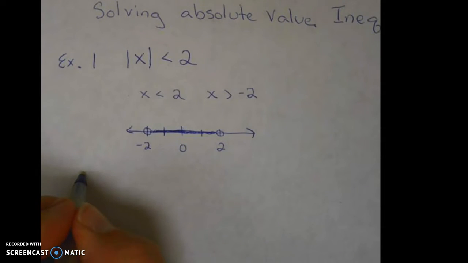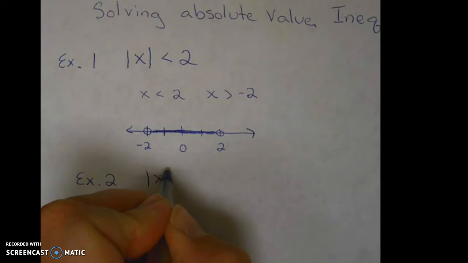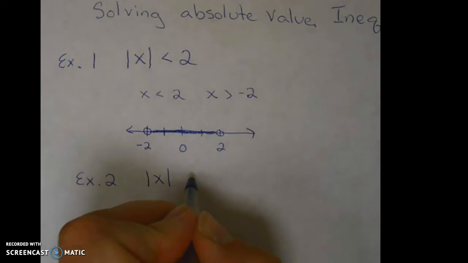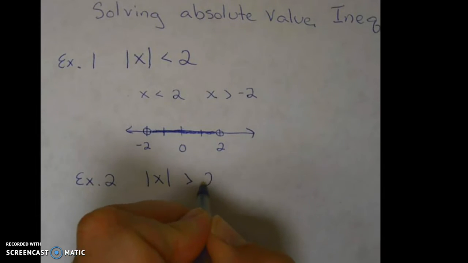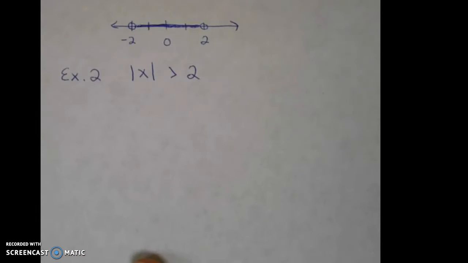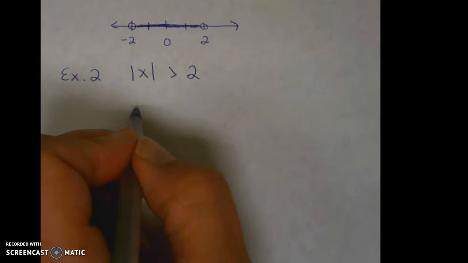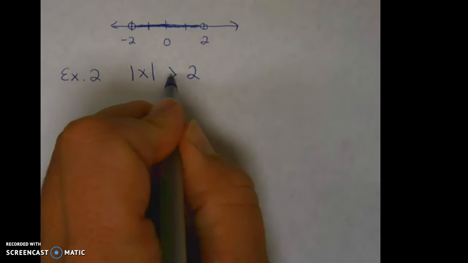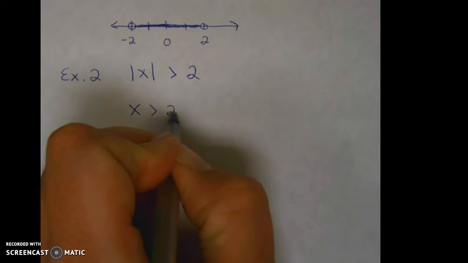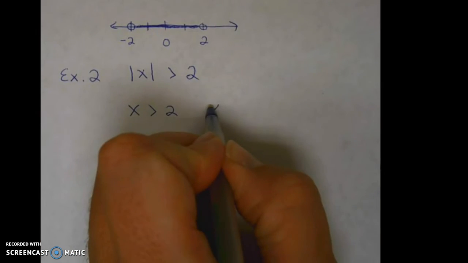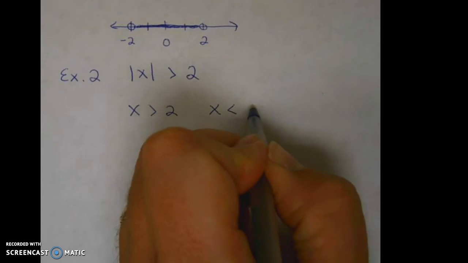Okay, let's take a look at another example. The absolute value of x is greater than 2. Same concept. We're going to set up two inequalities. One, x is greater than 2, and x is less than negative 2.